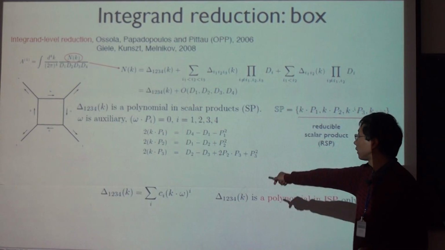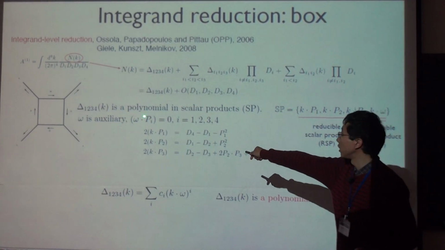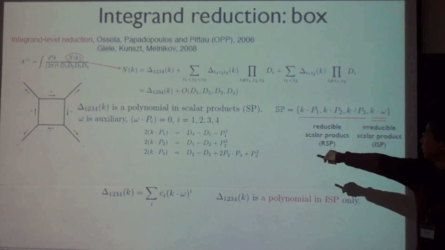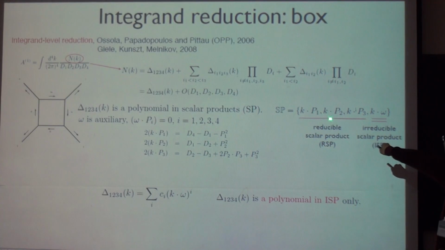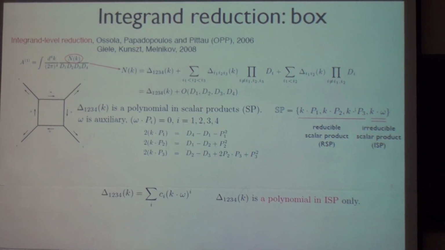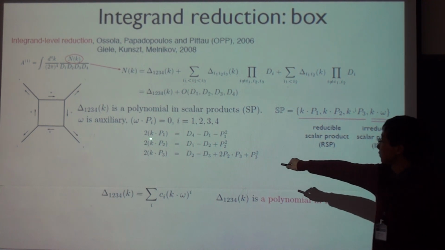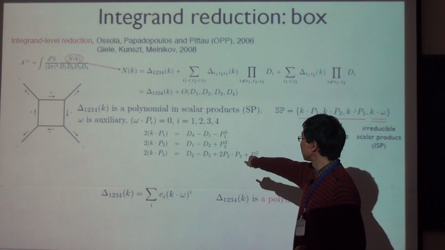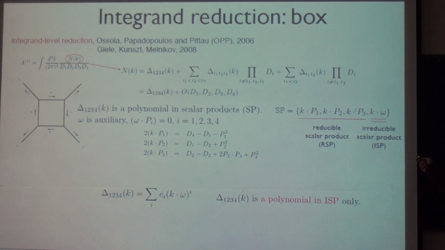Instead you design an auxiliary direction omega that is perpendicular to all the p's. Then we write all the components of k as 4 scalar products. You can find that the first 3 are actually reducible. These 3 are somehow linear combinations of the d's. So by this scheme, they are all reduced. But the last one is not reducible.